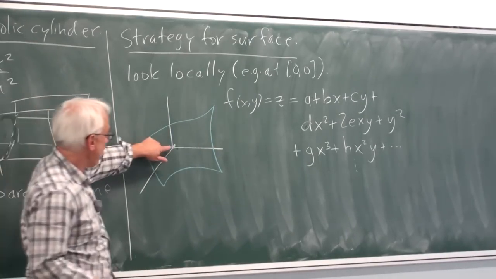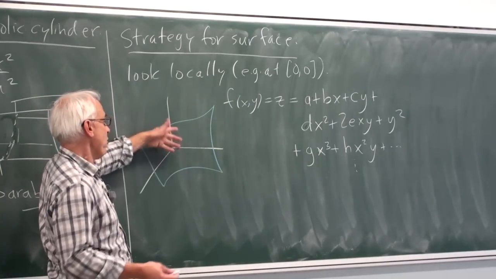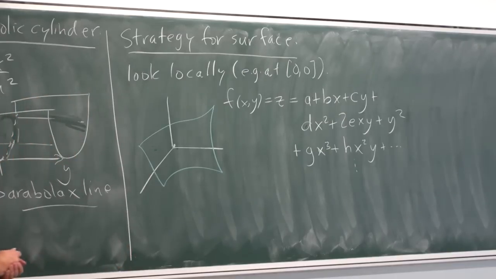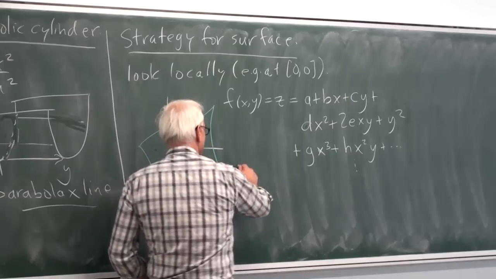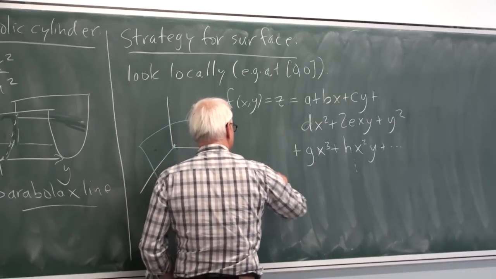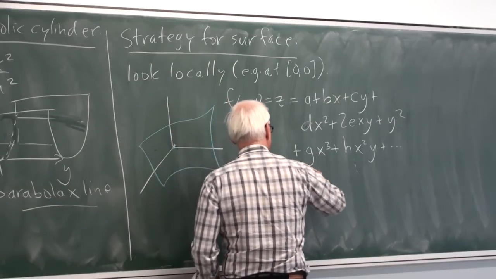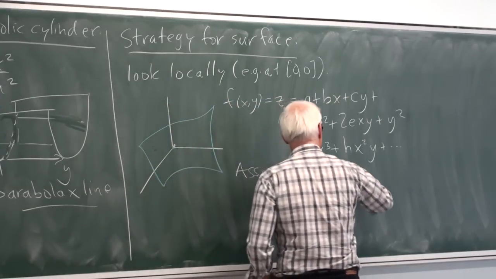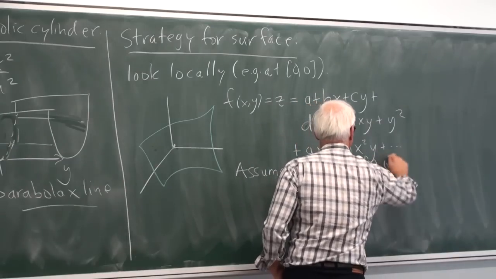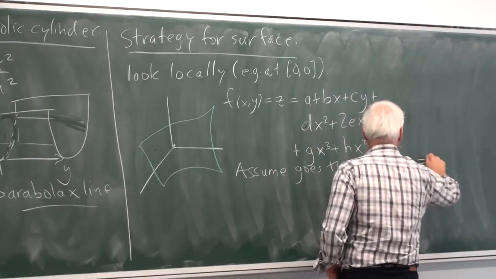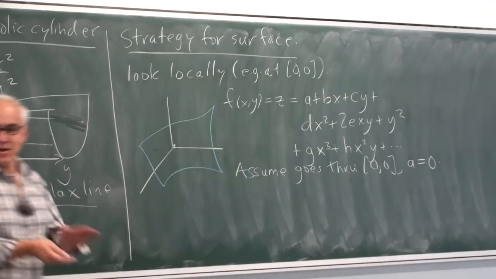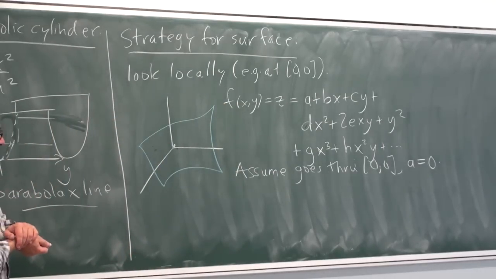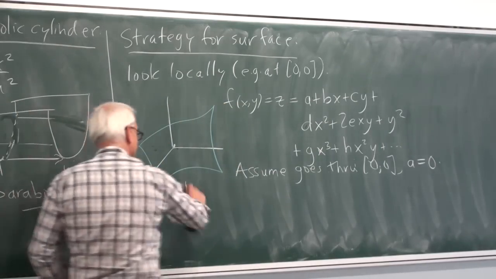And we might assume that it goes through the origin, or maybe not. And our strategy is going to be to look at this thing sort of locally. So if we assume that it goes through the origin, well, that tells us that a is equal to 0. And then the first approximation to this thing is the tangent plane.